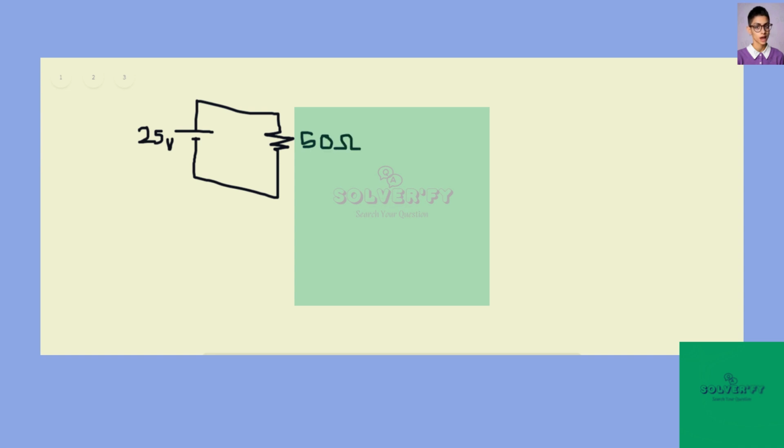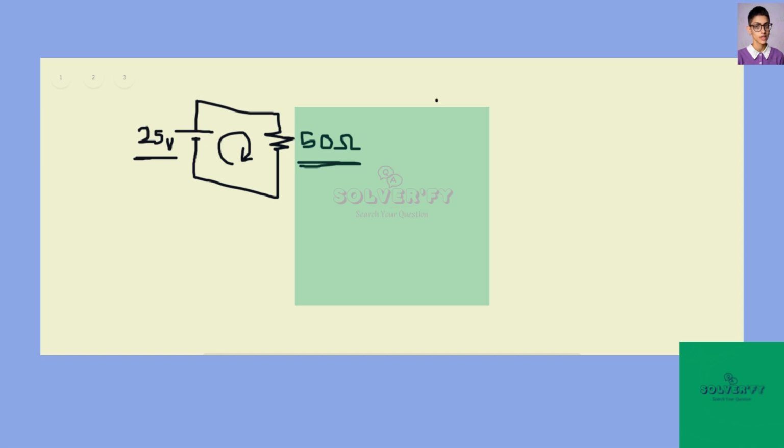Since we only have one loop, let's just draw the loop. The total voltage drop we get across all these things is 0. And that means that this potential, or this change in potential, has to be equal to this change in potential. And that means we can just apply Ohm's law.